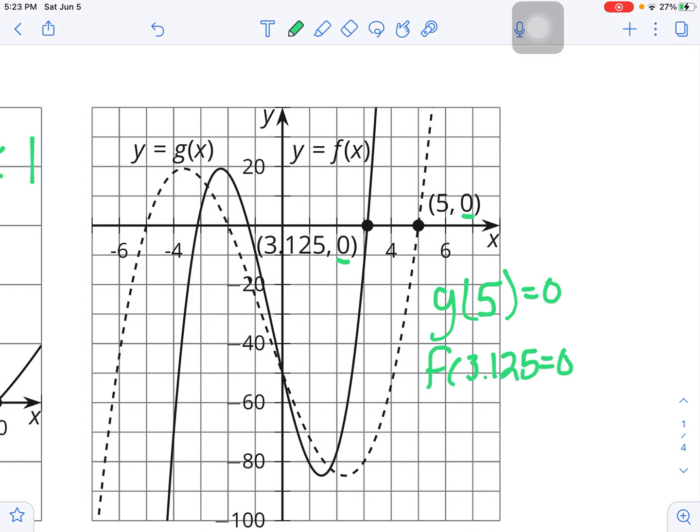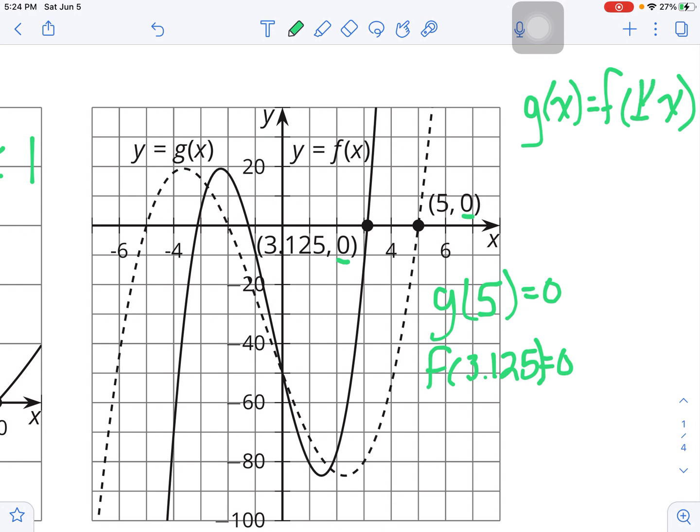So if g of x is equal to f of some number times x, I need to figure out what that k value is.